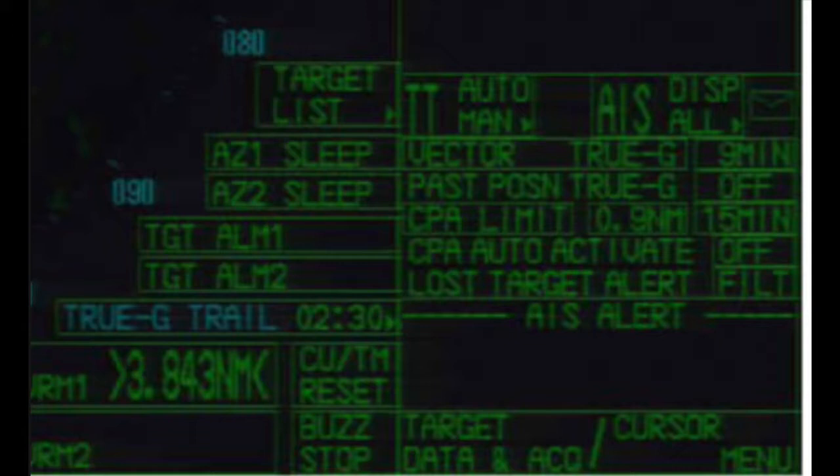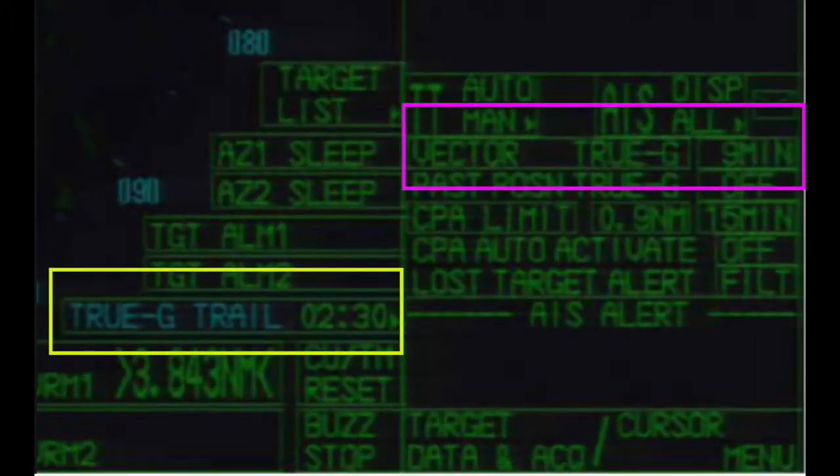Right now, the setting is true trail, which means the trail is this target's true motion, not relative motion. This true motion sometimes can cause a lot of confusion, like this one.